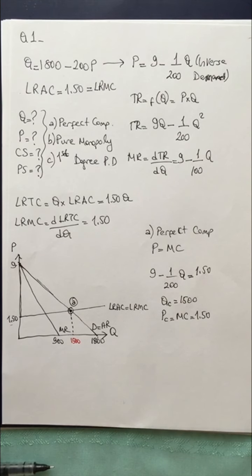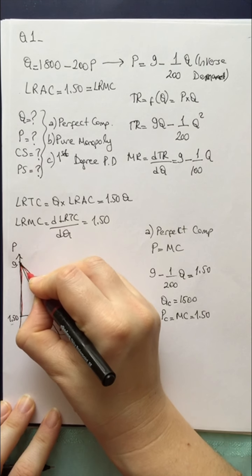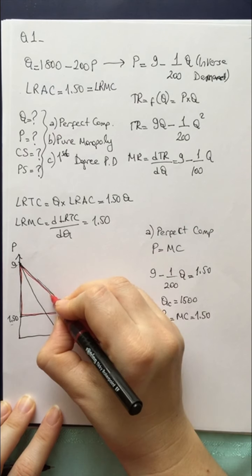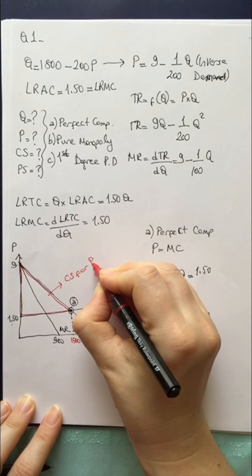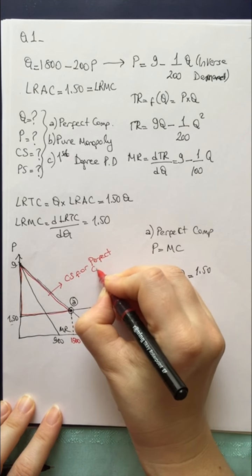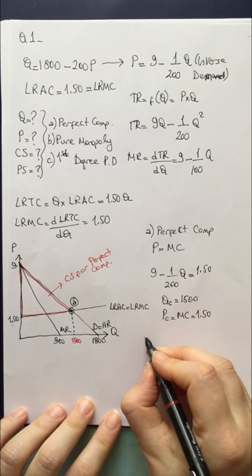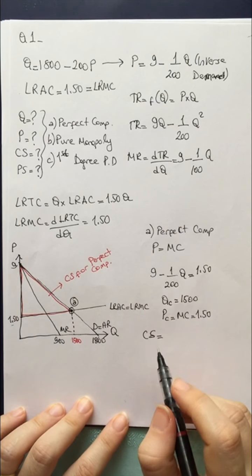The consumer surplus will be this red area. This is the consumer surplus for perfect competition.